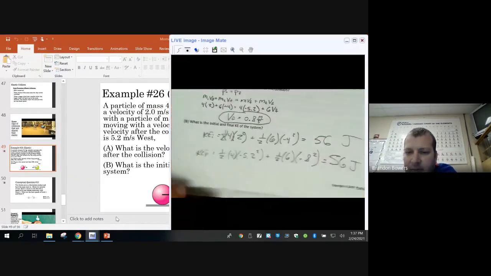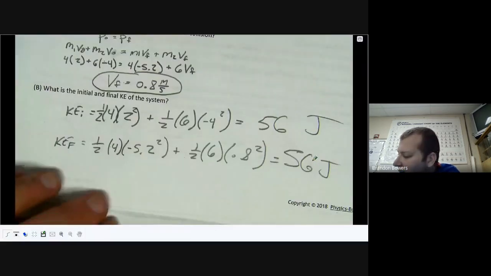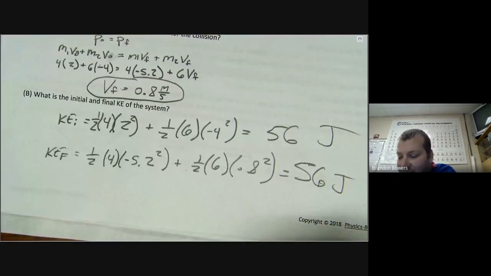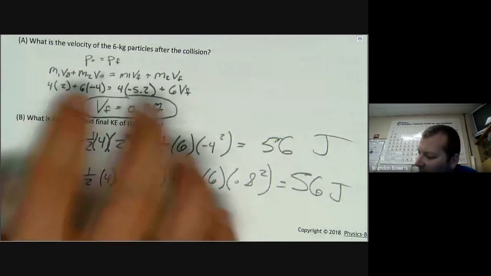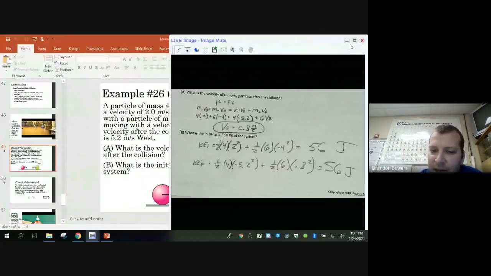Both of those equal 56 joules because our kinetic energy is conserved in an elastic collision. So that's how you set up an equation. It's very similar to the explosions and collisions that we've been dealing with.